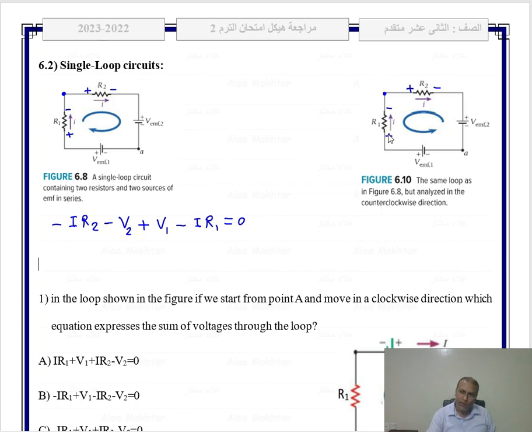First, I found the positive IR1. Continuing moving, negative V1. Then out of this battery positive V2. Continuing, positive IR2. It's equal to 0. Both equations are the same, even if we change the direction of analysis.